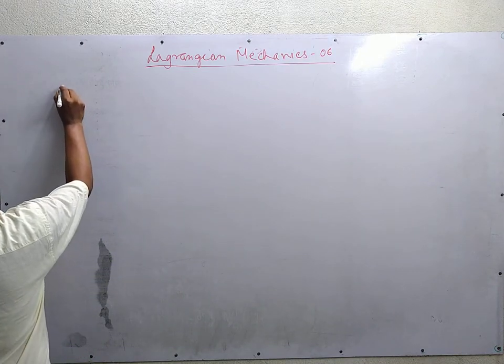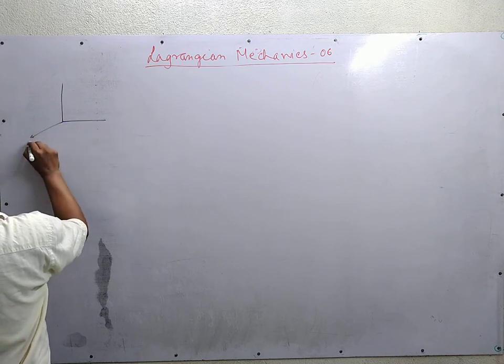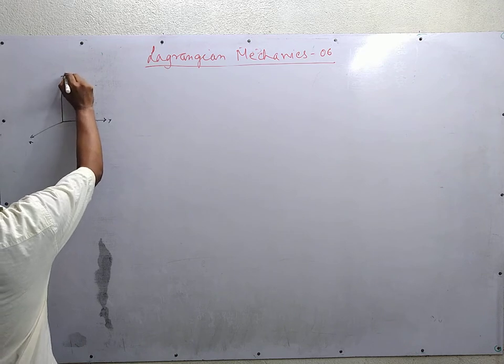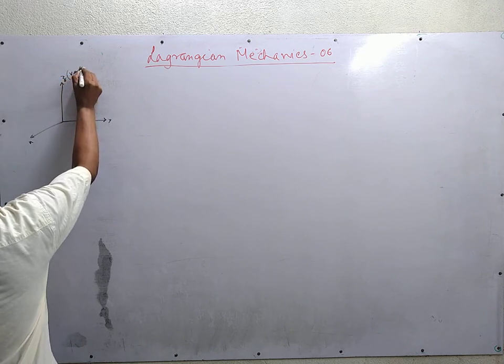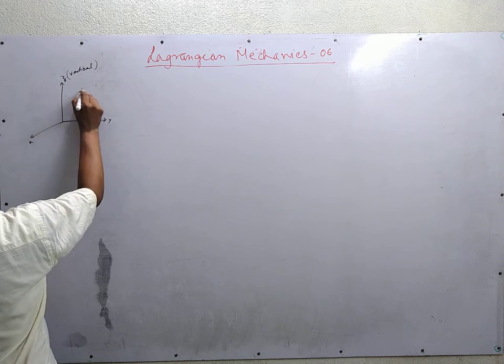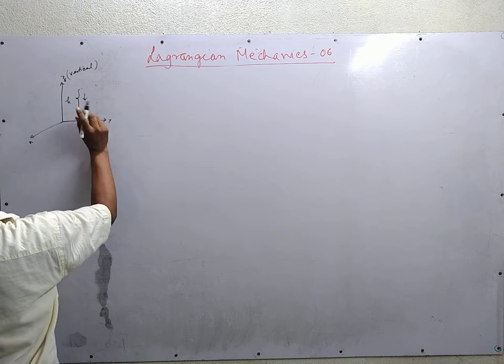So we consider a particle, this is the coordinate system, we choose x, y, z. Z is the vertical axis. We have a particle which is dropped from a height h and it is descending down.